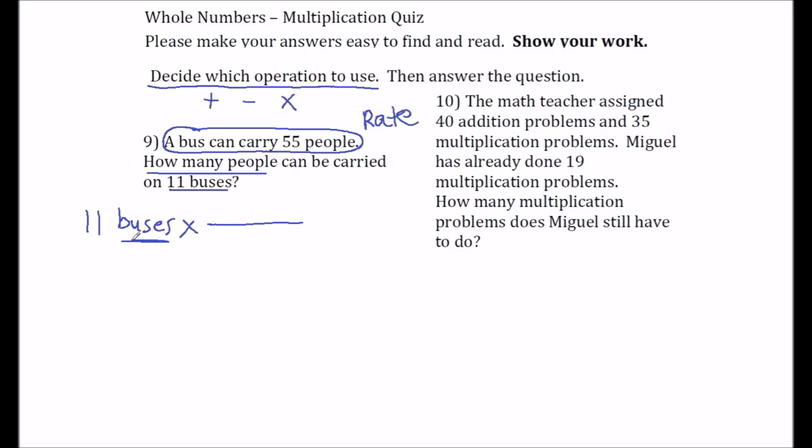But because I have buses here, that means I want that 1 bus to go on the bottom. So the 1 bus goes on the bottom because I want those units to match. I want these right here to be the same units. Buses and bus, same units. So that means the 55 people has to go on top.